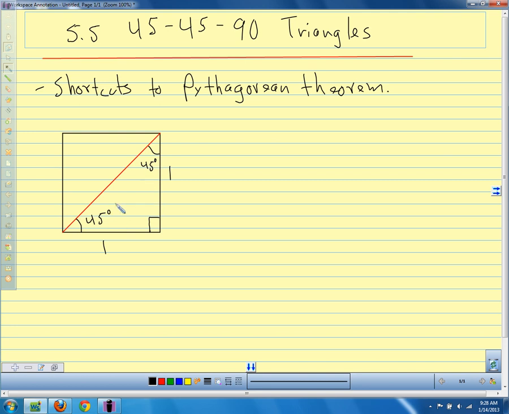It's talking about the angles inside the triangle. So one important thing, and you can put that in your flipbook, is that a 45, 45, 90 triangle is half a square.